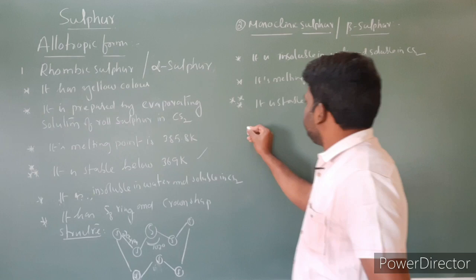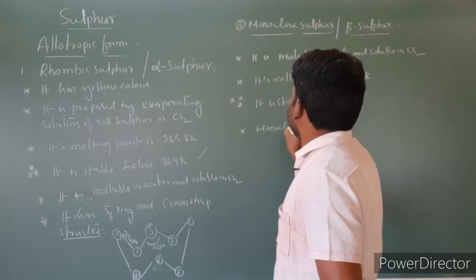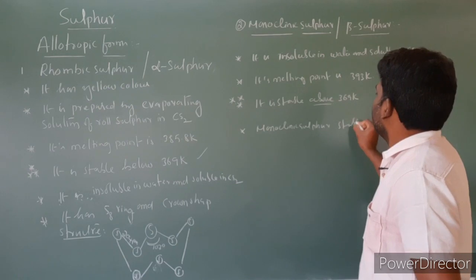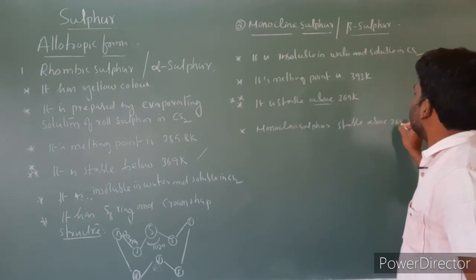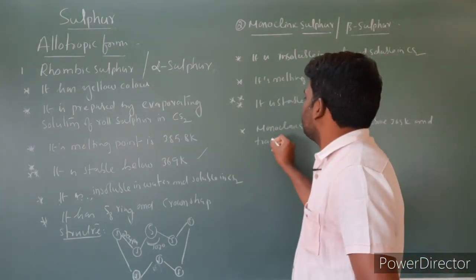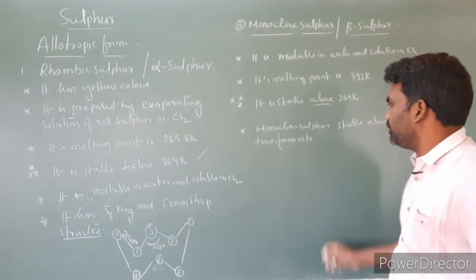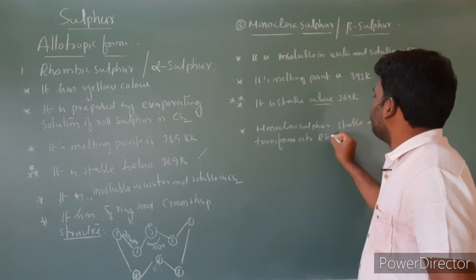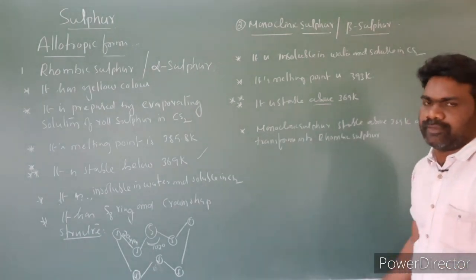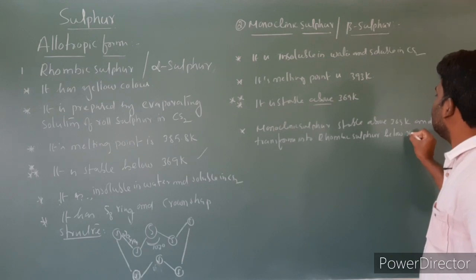So, my point is this: monoclinic sulfur is stable above 369 Kelvin and transforms into rhombic sulfur below this temperature, below 369 Kelvin.